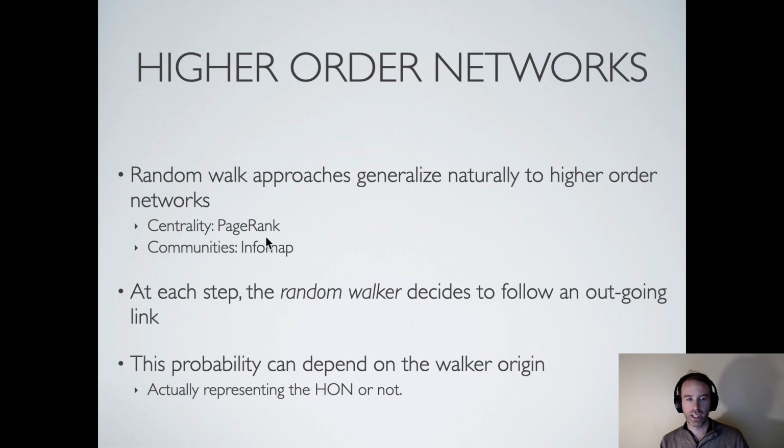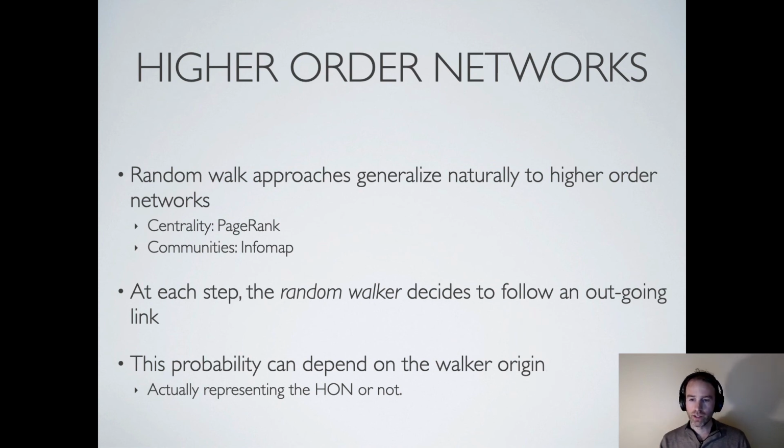You will just consider that your random walk actually has a different probability to move from one node to the other, depending on where it comes from. So in that case, you don't even need to necessarily represent it as a higher order network, but just in the process of the random walk, you can memorize this information.